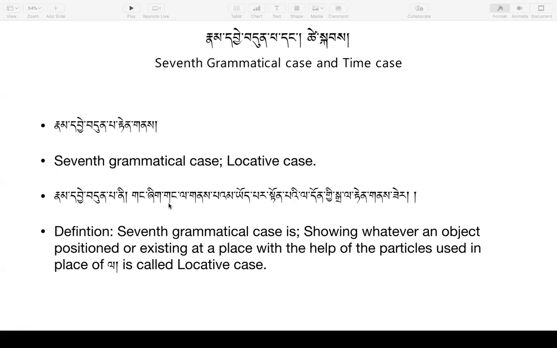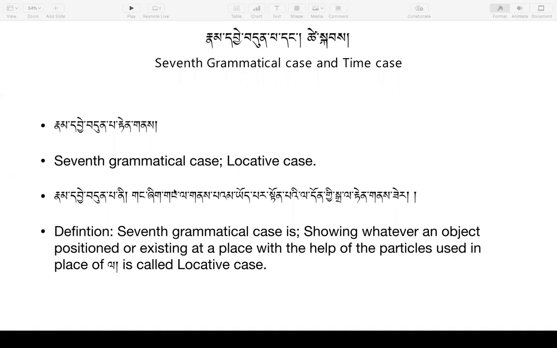Kangshik means whichever or whatever as an object. Kang la means whichever or whatever position. So the first kang talks about a phenomenon or an object, whichever or whatever object.